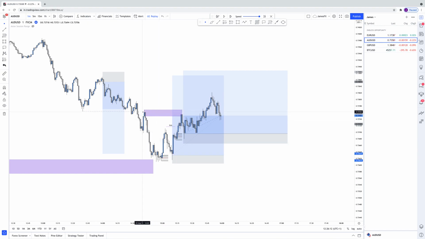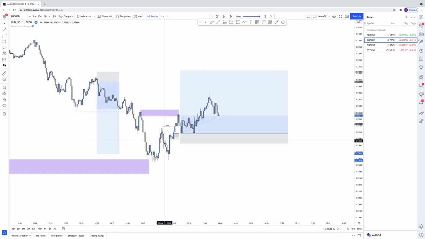We have this area up here. We do push up, and you could argue that's a break of structure there. It is a break of structure, but it's more of an aggressive one because we didn't really get a push down and a very convincing lower low. But we push up, break structure, we tap back into that last down close candle, mitigate, and then we continue. Okay, but I didn't take that trade, and I'll tell you the one I did take.